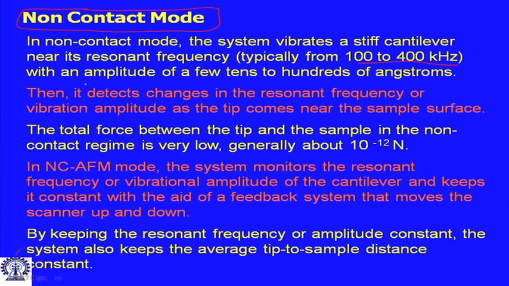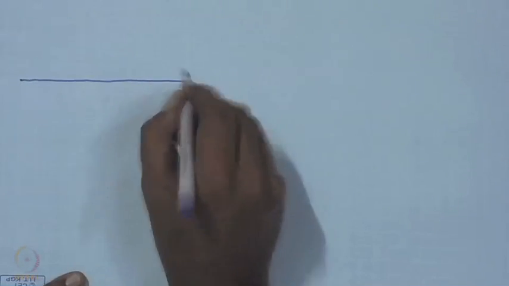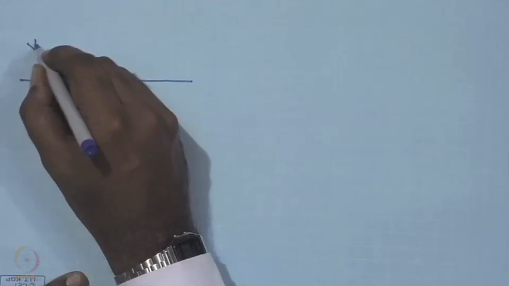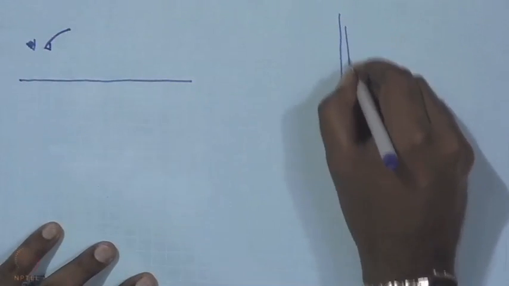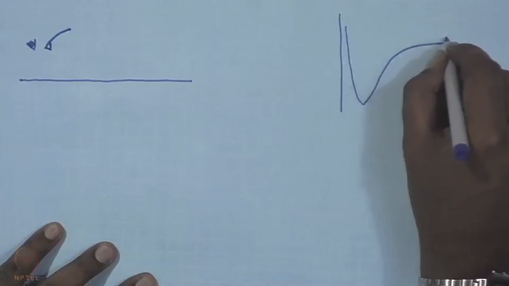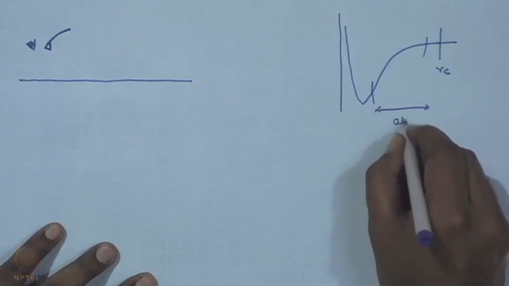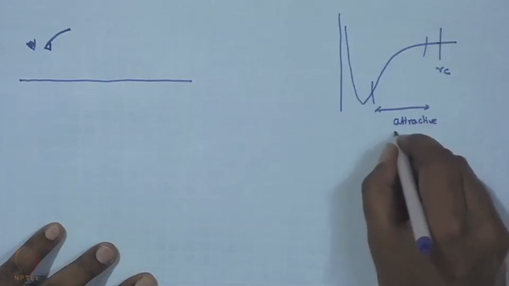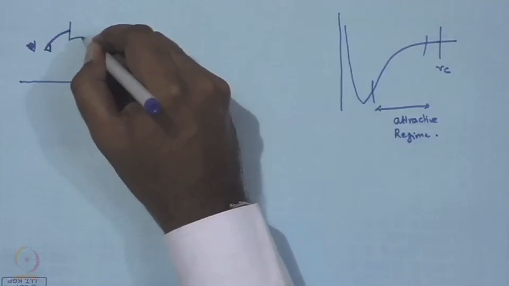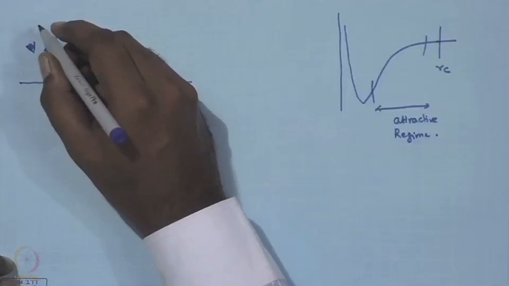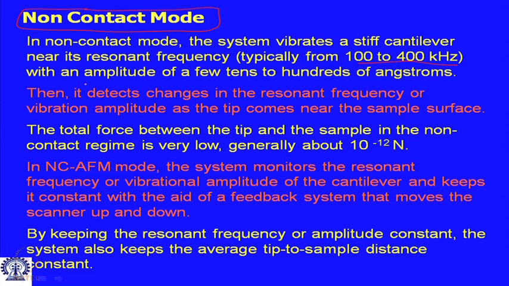So, what it does is something like this. It is not in contact, it is somewhere over here, certainly closer to RC, but within the attractive regime. And then through an additional drive, it is given a vibration or an oscillation.